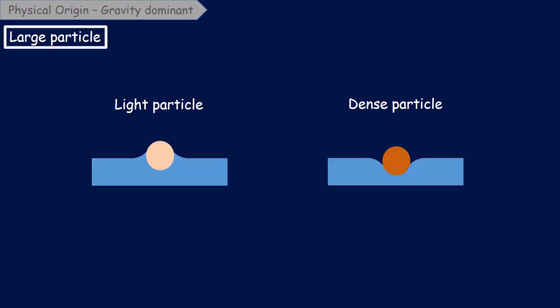Let's take a look at the large particle case where the gravitational effect is dominant first. Since in nature, denser material tends to go down and lighter material goes up, a light particle on the water surface pushes the surface upward and a dense particle presses it down.